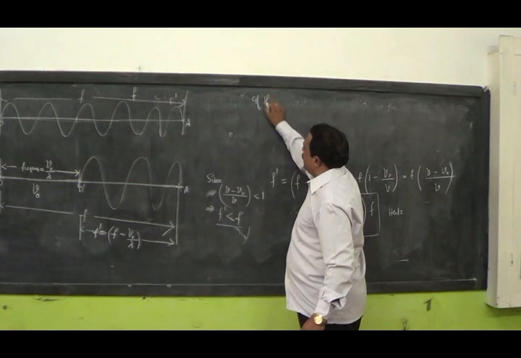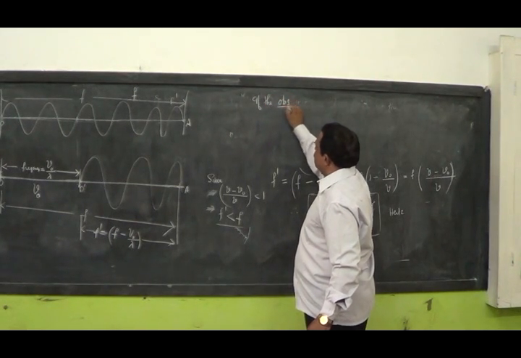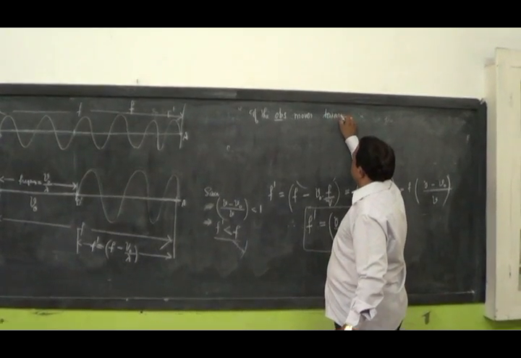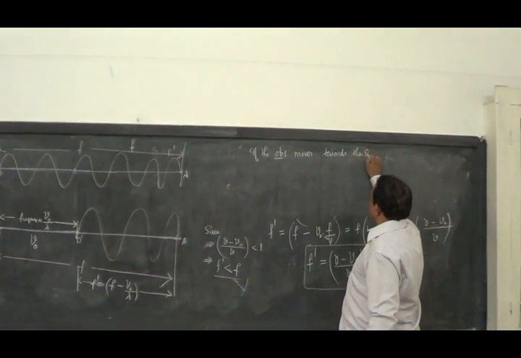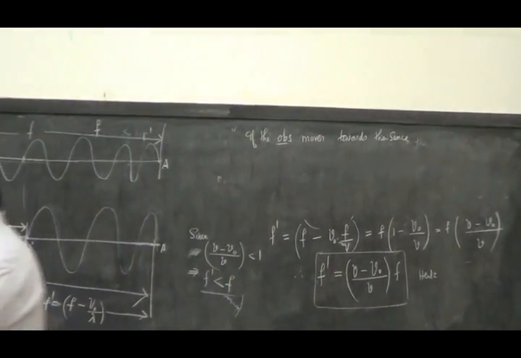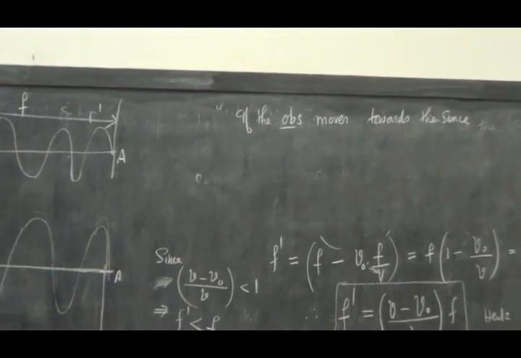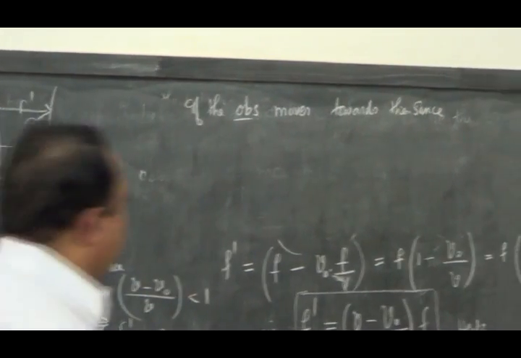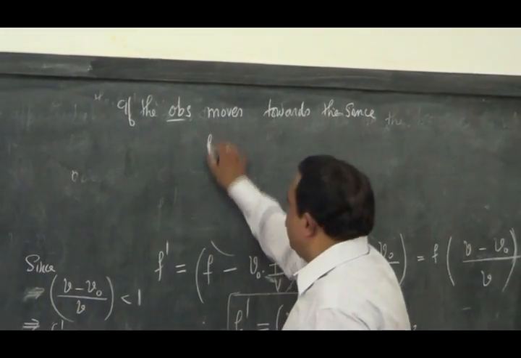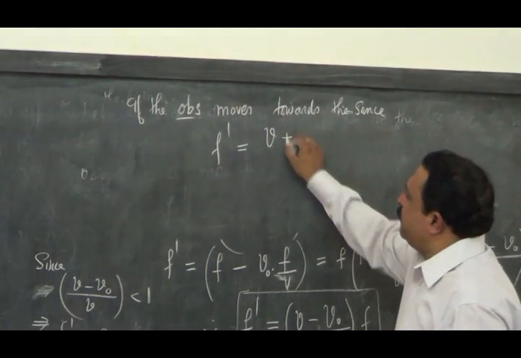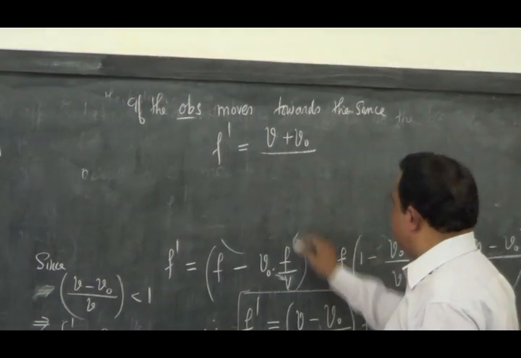If the observer moves towards the source, towards means he is now in the compressed region, lesser wavelength, larger frequency area, high frequency area, then what is the formula? F dash equals V plus V naught by V. We just have to make the sign positive.